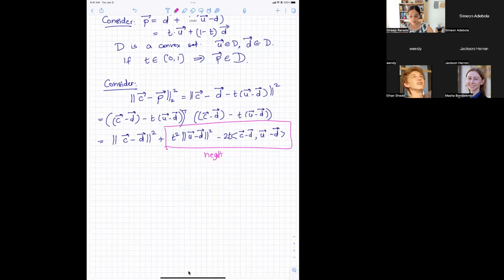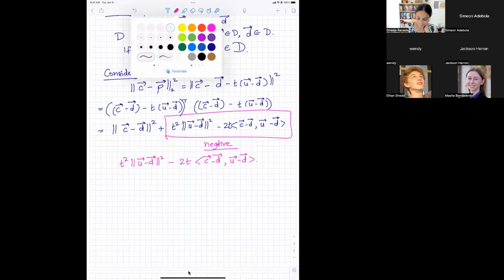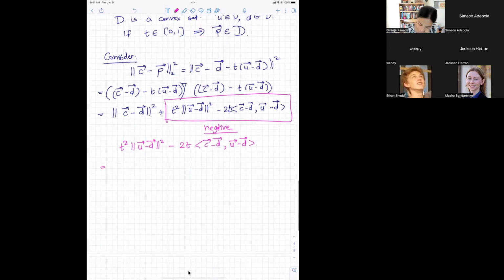So let me try to investigate this term. Let me consider T squared U minus D squared minus 2T C minus D, U minus D. So I can rewrite this.